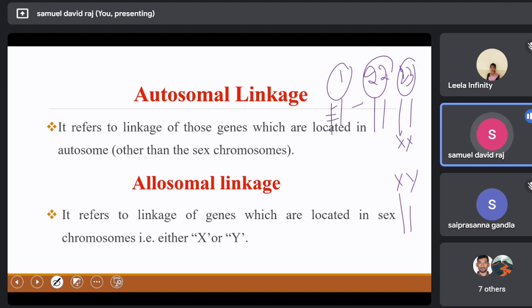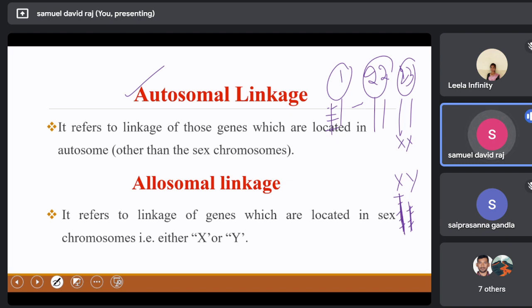So all the genes present on the autosomes are inherited together along with the autosome only. And such a linkage is called autosomal linkage. All the genes present on allosomes are said to be linked. Because they are present on the X chromosome, they are X-linked. Because they are present on the Y chromosome, they are Y-linked.